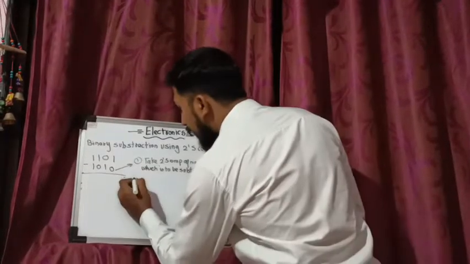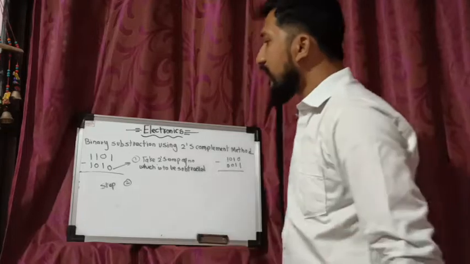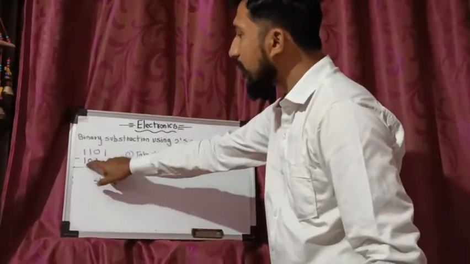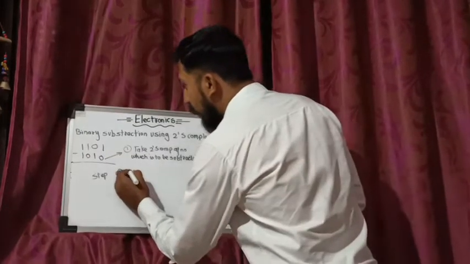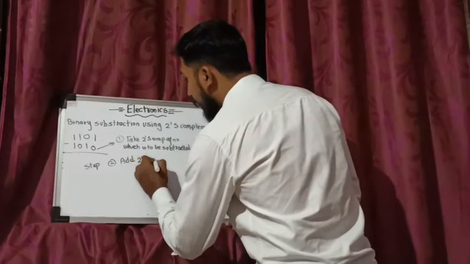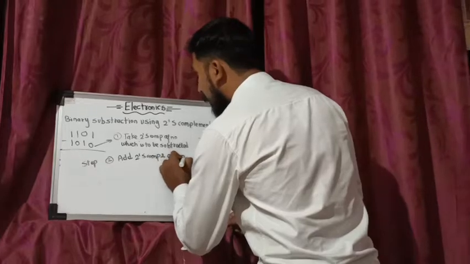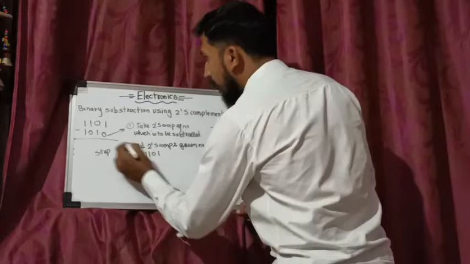What is the second step? In the second step, we have to add this number and the two's complement of the other number. So that is step number 2: add the two's complement and the given number, 1 1 0 1, and the two's complement.